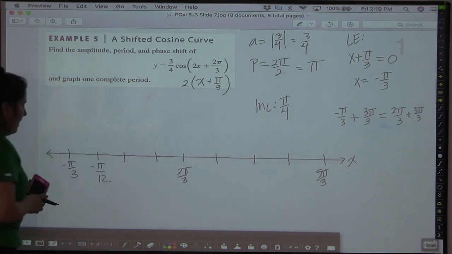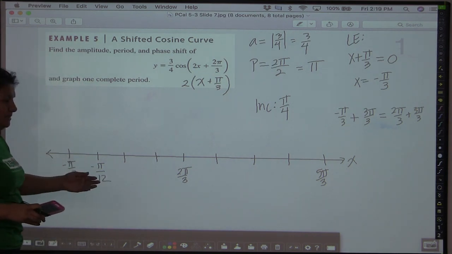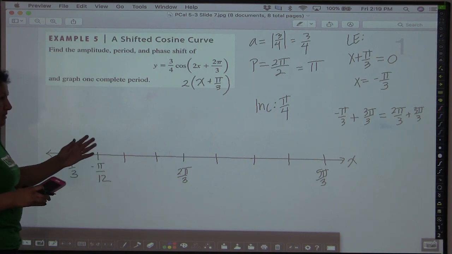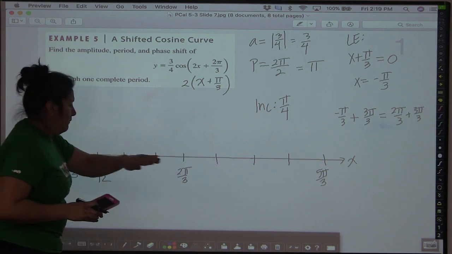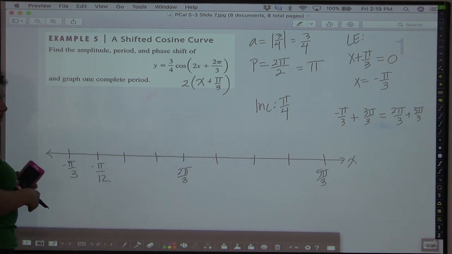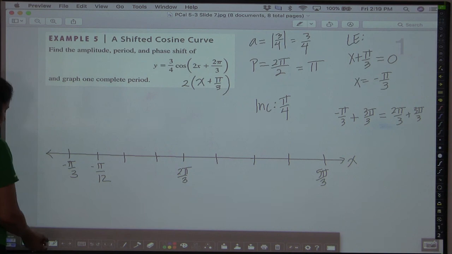So you can probably see why I didn't put the y-axis right there, because I don't know where it goes. The y-axis needs to be the middle, like the 0, like there's negatives on this side, positives on that side. So I need to put these numbers down before I start figuring out what that's going to be. So I just wanted you to know that if you can't figure out what these numbers are, you can do it on the calculator, which is what I was doing back there.